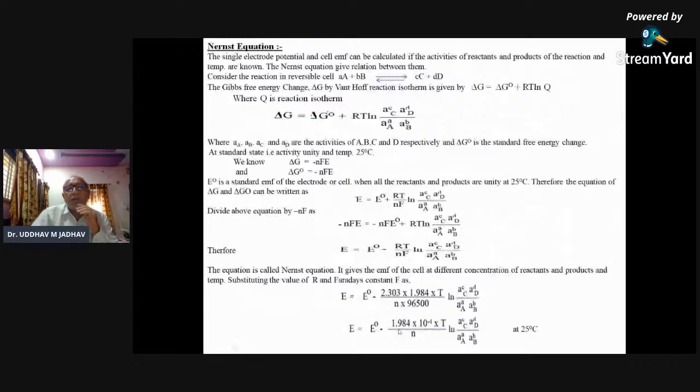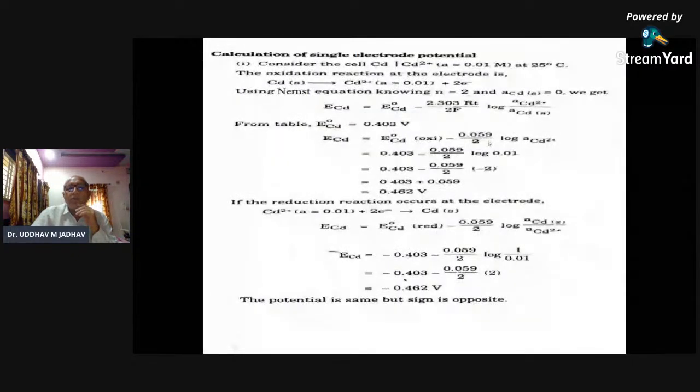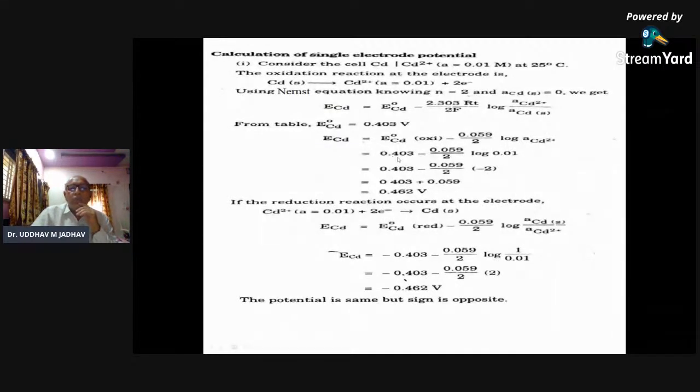So it is 0.059 log of activity of Cd2+. Now here, 0.403 minus 0.059 upon 2 log of 0.01, because the activity is 0.01.